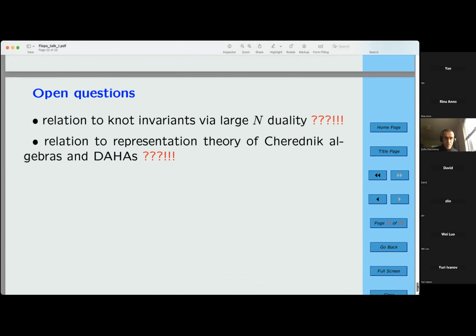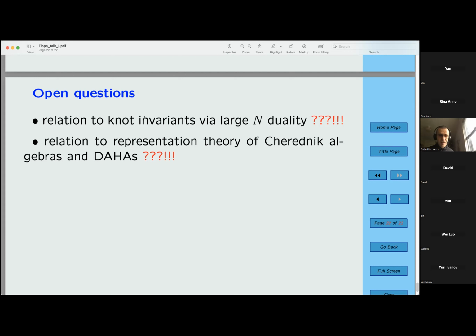Since I approach this problem as a physicist, a natural question is: can we in this context find any connection to knot invariants through large N duality? This is a question that has been a very frustrating issue for a long time, because it looks like large N duality is trying to give us hints to a possible connection, a possible answer, but I just haven't been able to decipher the message.